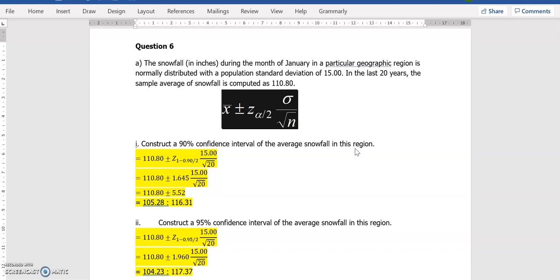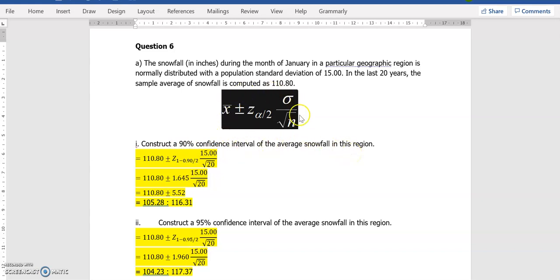So in an interval estimate, we will produce 2 points in which we believe that the actual value of the population is situated. So back to question 6a.